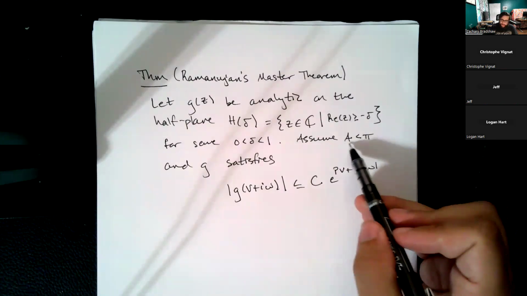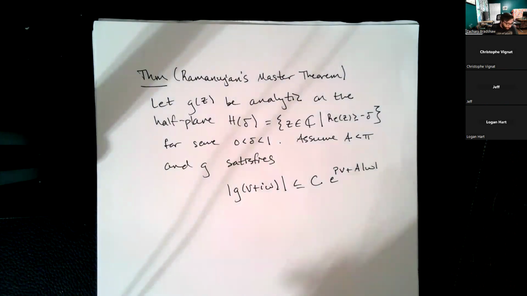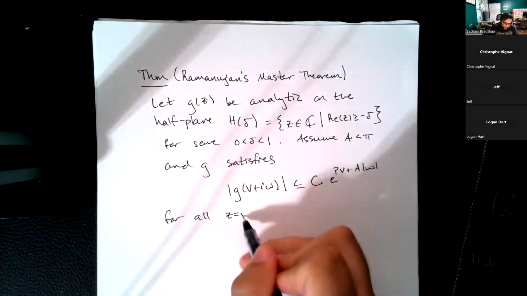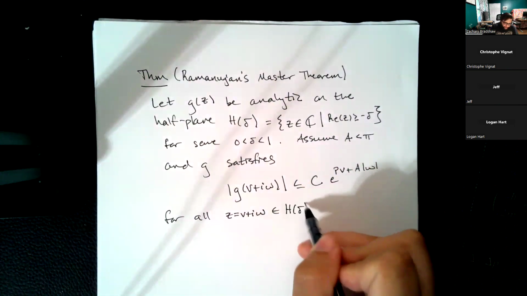You can show that this bound is sharp. There's an example where if A equals pi, then this fails. This holds for all z equals v plus iw in the half plane.